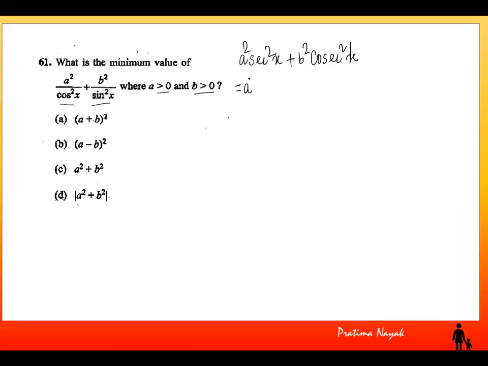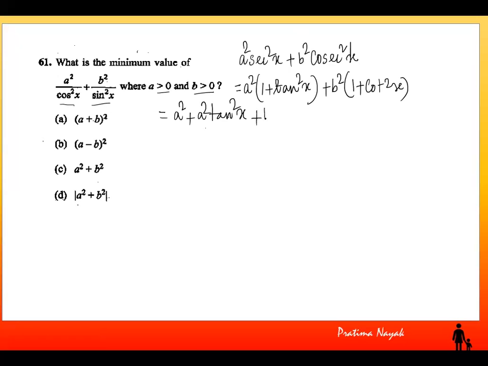So this I'll convert into 1 plus tan square x. And next is b square into 1 plus cot square x. So here I'm getting a square plus a square tan square x plus b square plus b square cot square x.